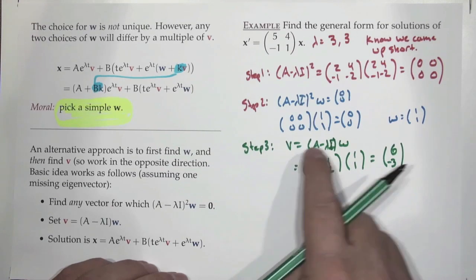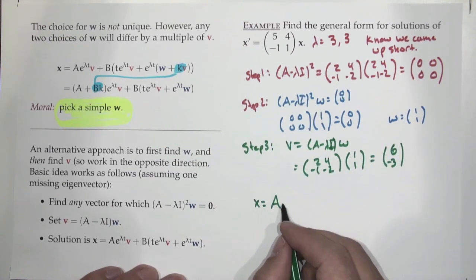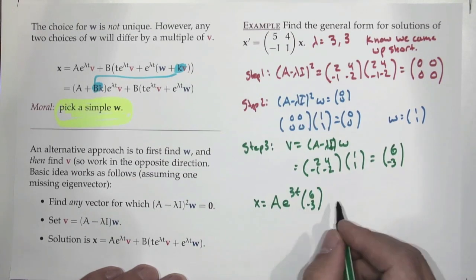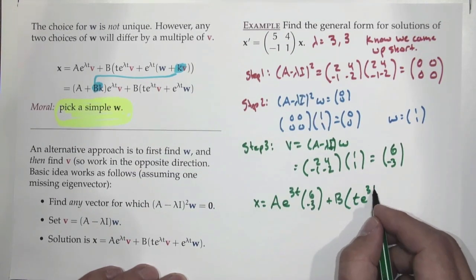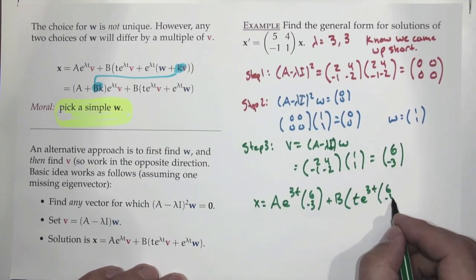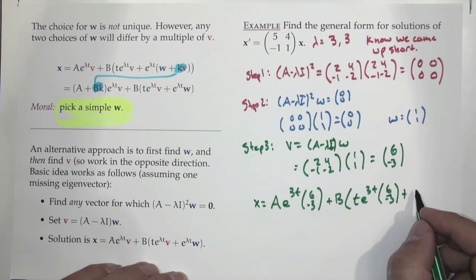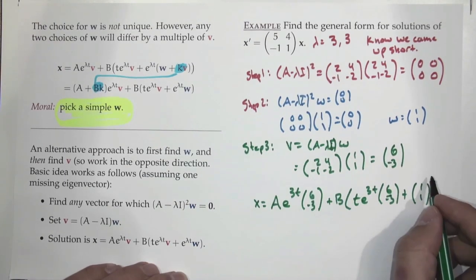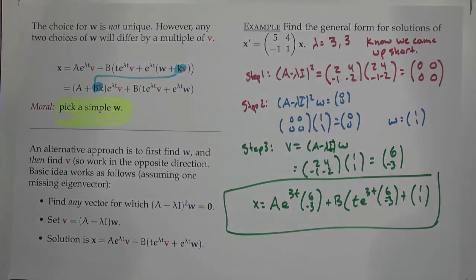So there's our v and our w, and now our answer is x equals a e to the lambda t times v, (6, negative 3), plus b times (t e to the lambda t times v plus our w, here it'll just be w), (1, 1). So there you go. There's the other way to do it. All right, we'll stop here.